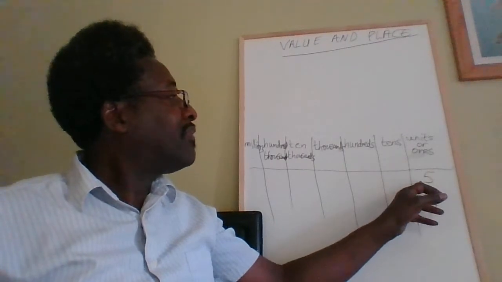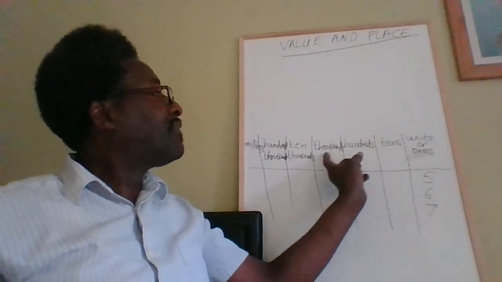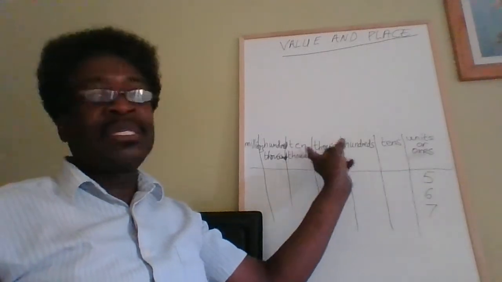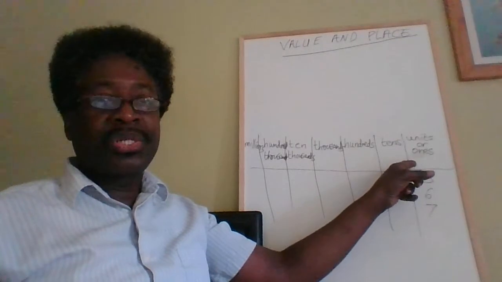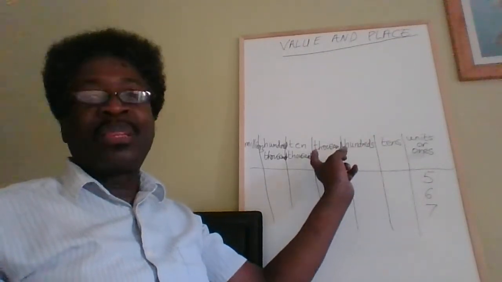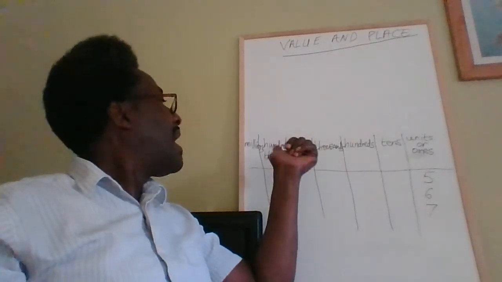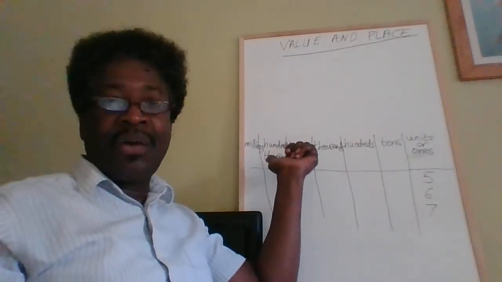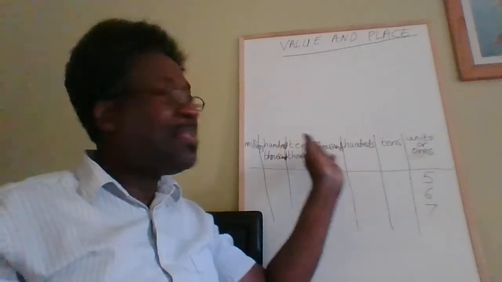So this 5 is under the place value of units. These are called place values. These headings here are called the place values. Units are the ones, just to repeat, the tens, hundreds, the thousands, the tens of thousands, and the hundred thousands, and then the millions. Those are called the place values.